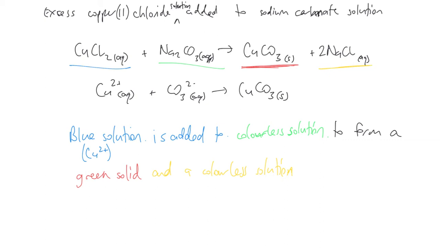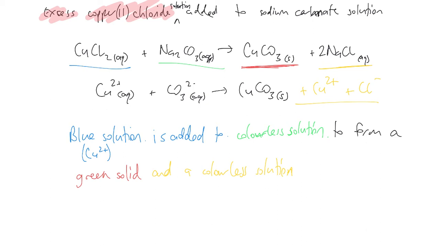However, what I haven't done, I haven't taken into account that this is in excess. That's in excess. If that's in excess, what else is going to be there at the end of the reaction? At the end of the reaction, there's also going to be copper 2+ ions and chloride ions.